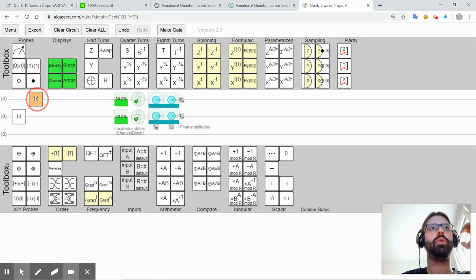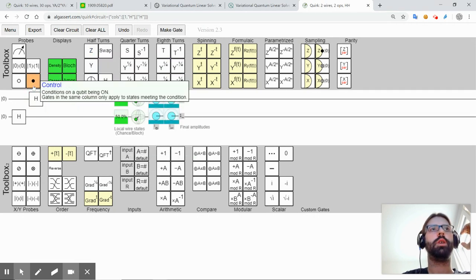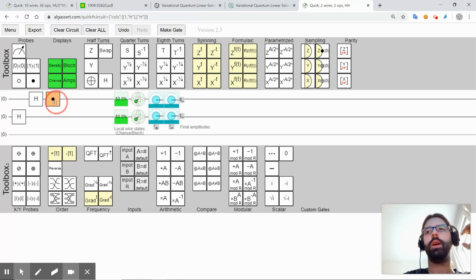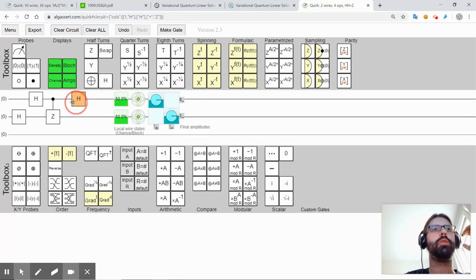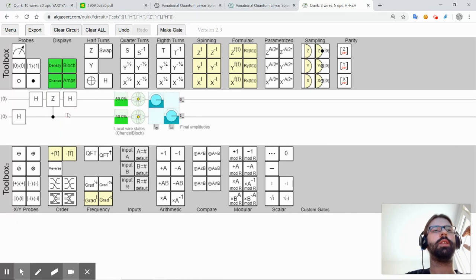So if you do the Hadamard test, which by the way, maybe an easy way to see the test is if you reverse, because at the end of the day, it doesn't matter, right?